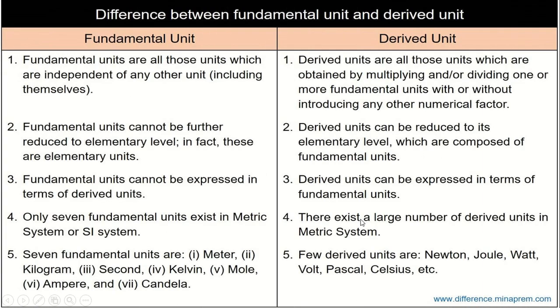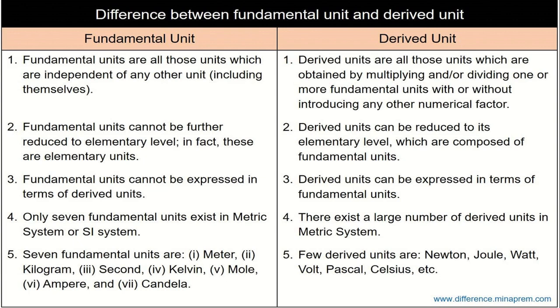Now I will show you the differences between fundamental unit and derived unit. So fundamental units are all those units which are independent of any other unit, including themselves. And derived units are all those units which are obtained by multiplying or by dividing one or more fundamental units, with or without introducing any other numerical factor.